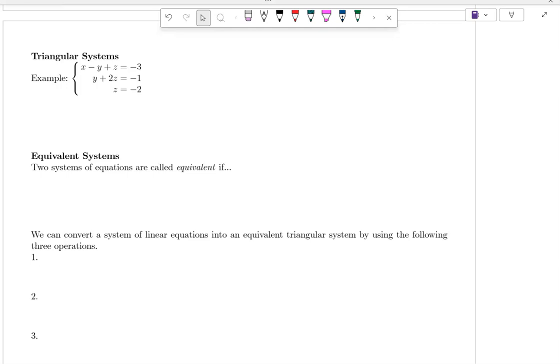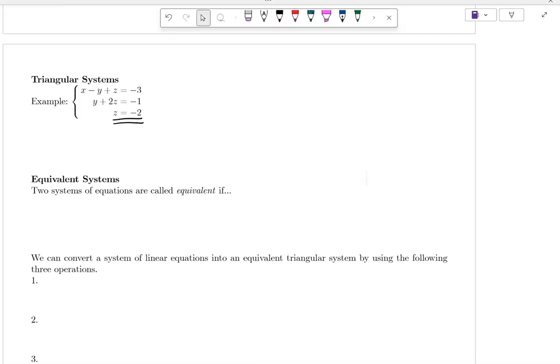Right? That's why we call it triangular systems. Now, why do we like triangular systems? Well, notice, what's this last equation tell us automatically? It tells us the z value, doesn't it?